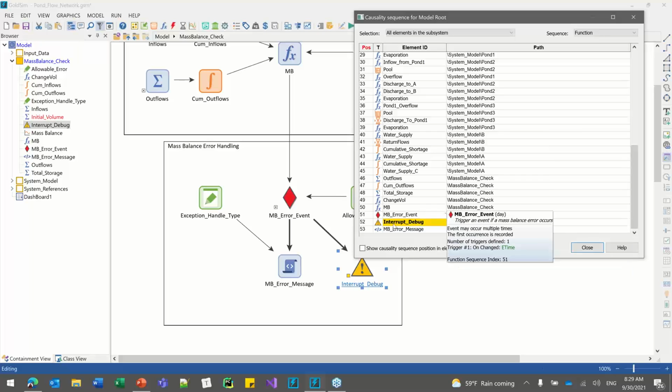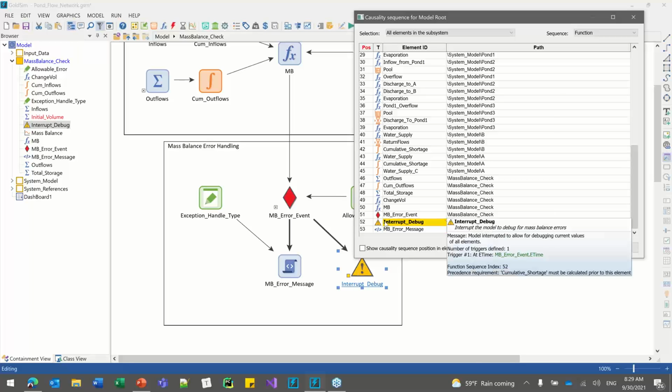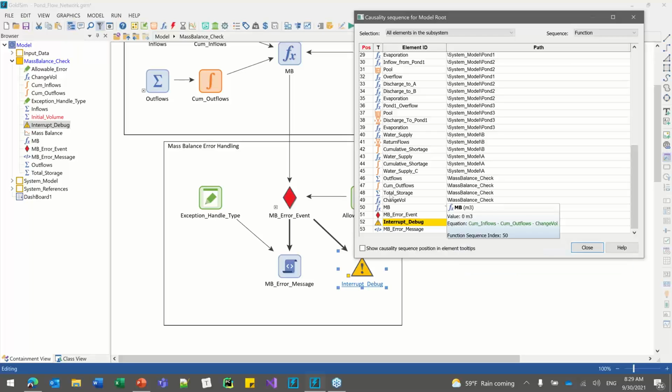So it's important that you have this element at the end if you're going to be viewing the values of these elements when it's paused.